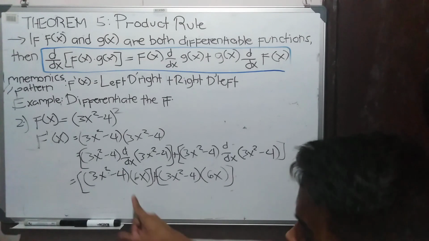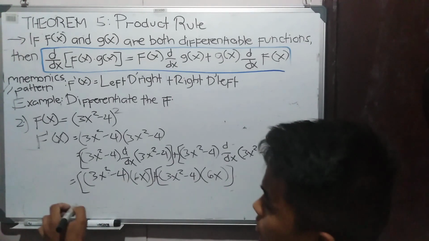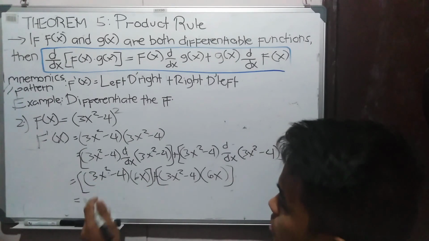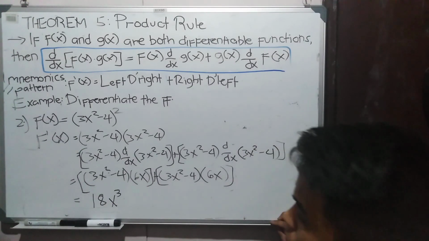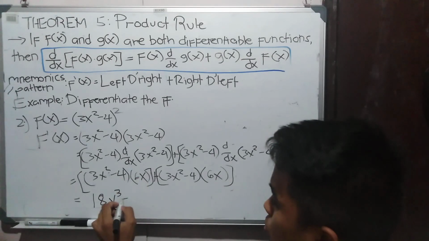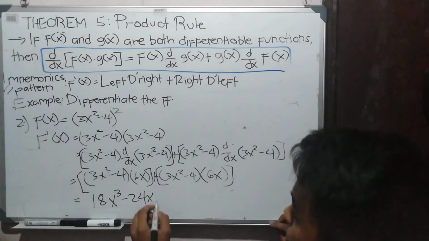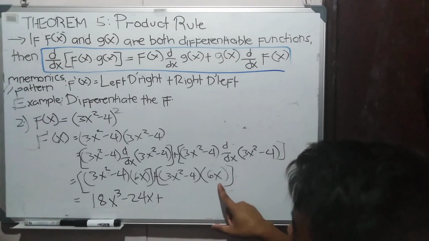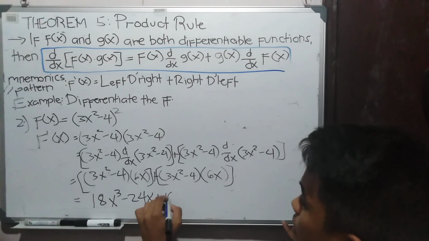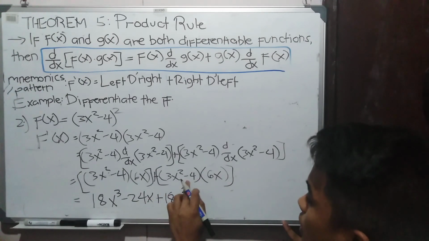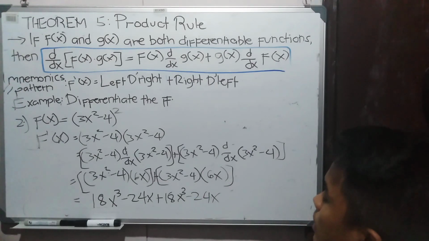Then, distribute lang natin si 6x dito, then si 6x dito. Okay. So, we have 6x times 3x squared. Obviously, that will be 18x cubed. Then, 6x times negative 4, it will be negative 24x. Plus 6x times 3x squared. That will be 18x cubed. Then, negative 4 times 6x will be negative 24x.